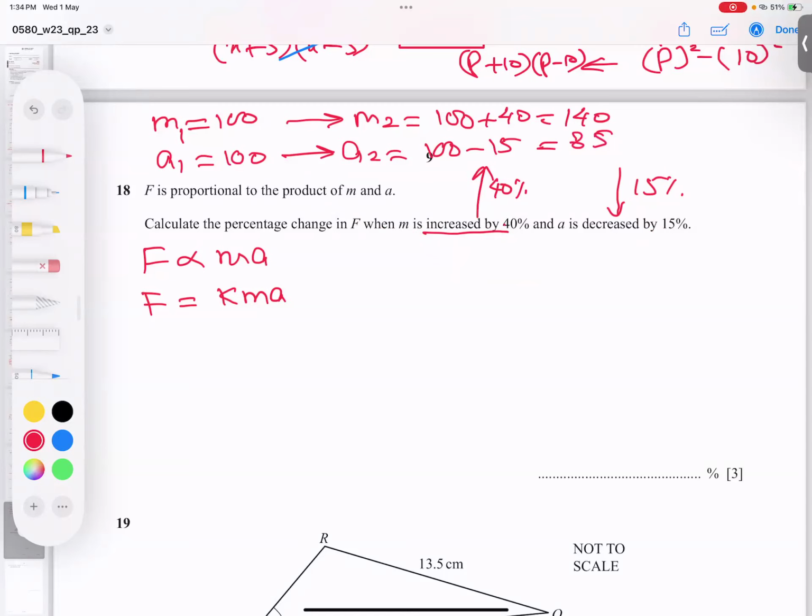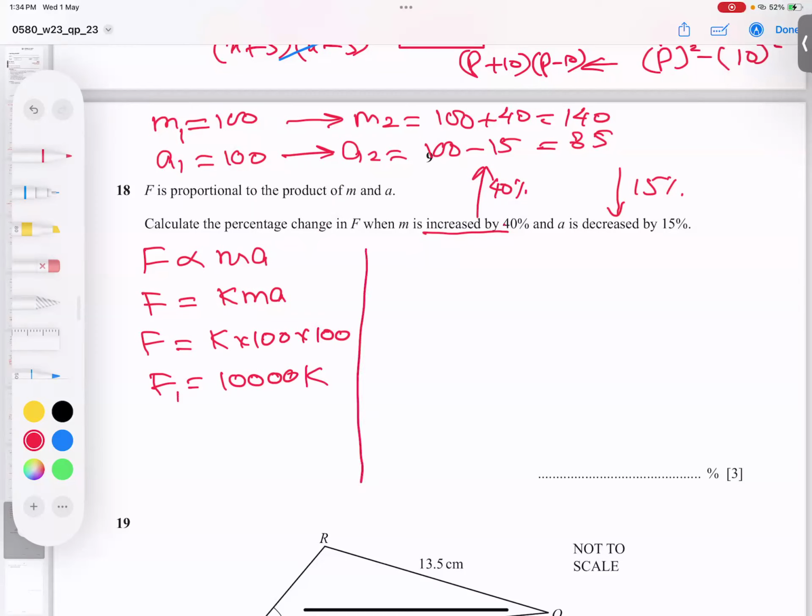Let's apply the old values in the place of M and A. So K times M value 100 and A value 100, 100 times 100, so I got 10,000K. This is the first value, F1.